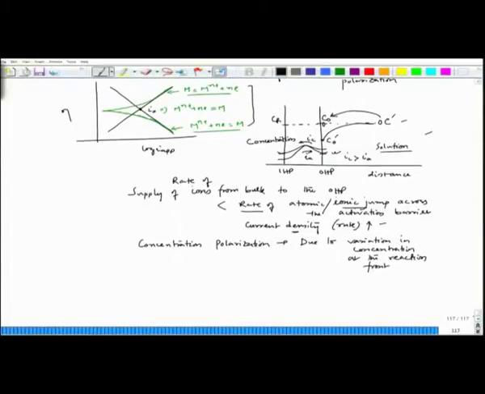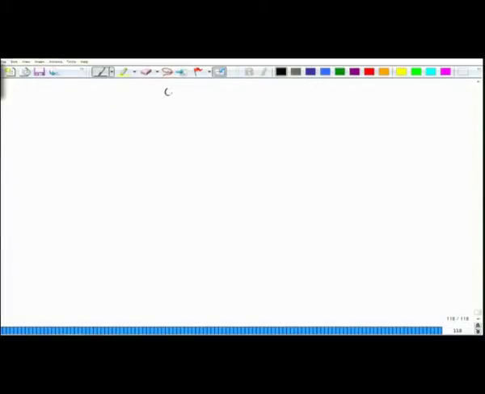Now, in this situation, let us look at this concentration polarization in a little depth. So, let us talk about concentration polarization.